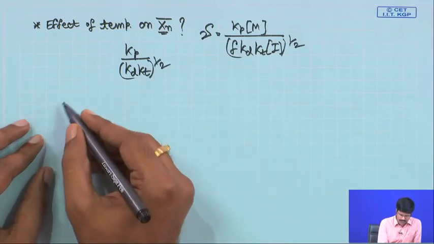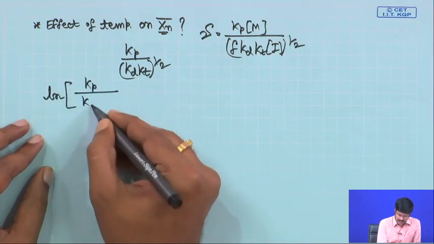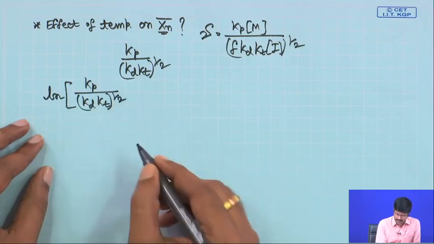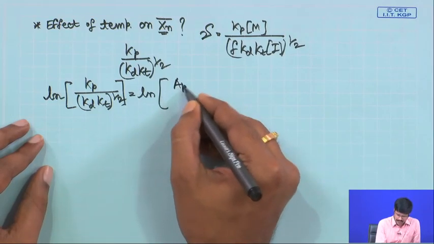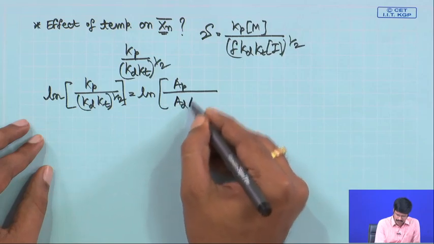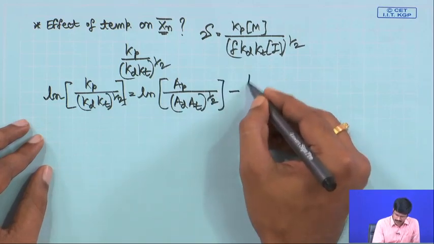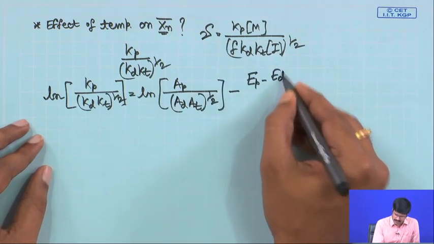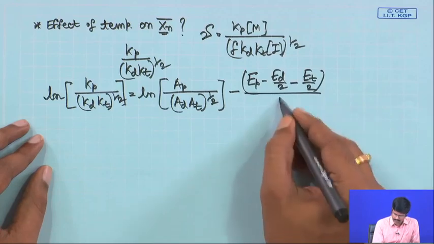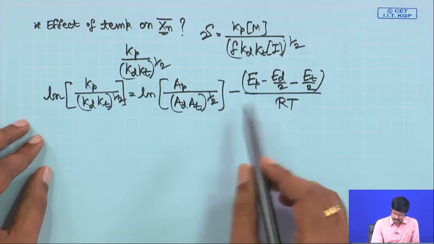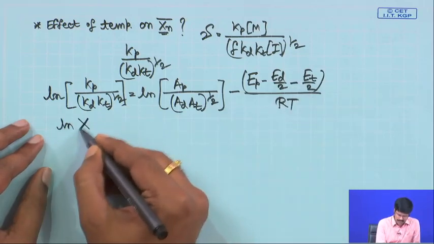So, again by the same analogy, ln of Kp divided by (Kd Kt) to the power half equals ln of Ap, the collision frequency factor, divided by (Ad At) to the power half, and then you have all these terms here, Ep minus Ed divided by 2 minus Et divided by 2, divided by RT.